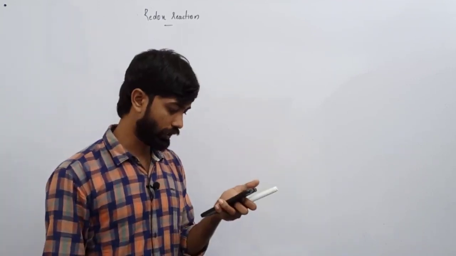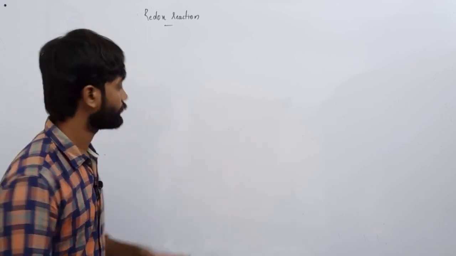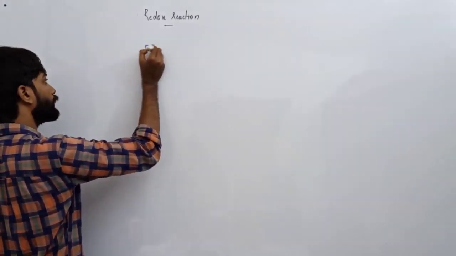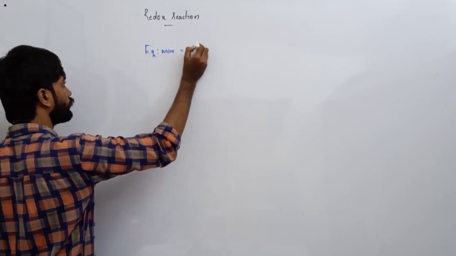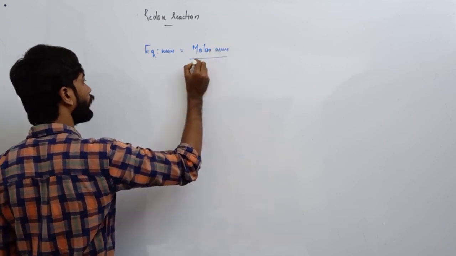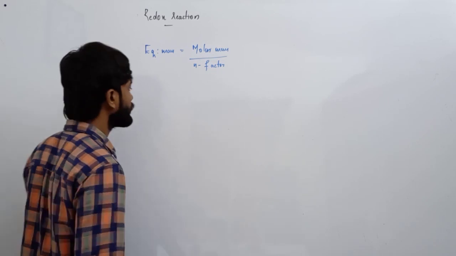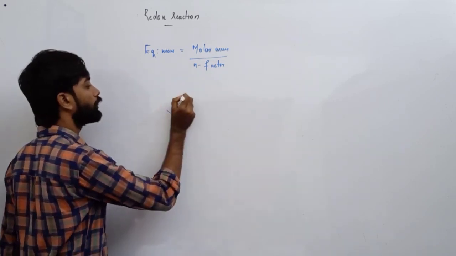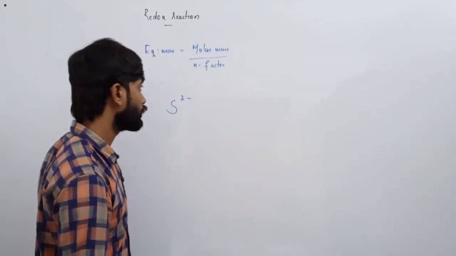The 8th question, that is, given that the oxidation number of sulfur is -2, the equivalent weight of sulfur is equivalent mass. We know that equivalent mass is equal to molar mass divided by n factor. They said that sulfur is in -2 oxidation state, so this is a species which is said to be an anion.